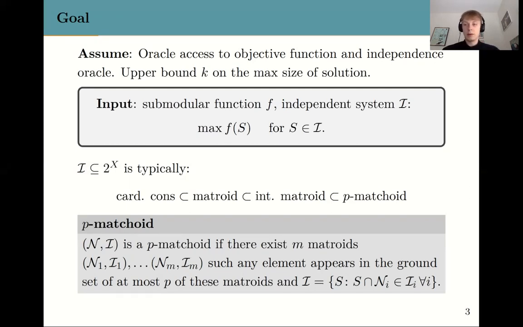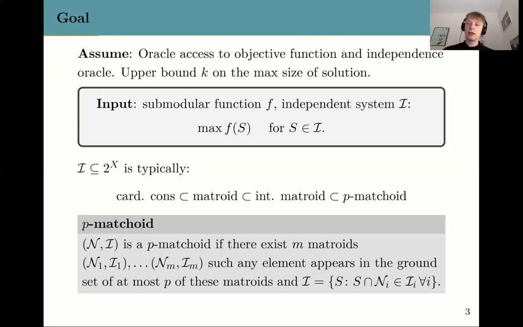I've written here the definition of a P Matroid, but what you can think about is matchings. A matching is actually a two matroid, and this is fairly easy to see. Let's say I'm given a graph G, and the ground set will be all edges in my graph.